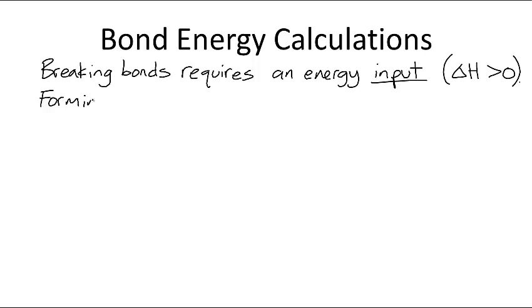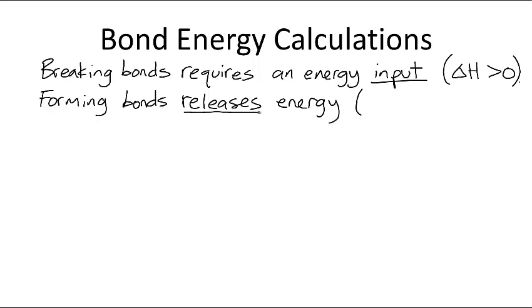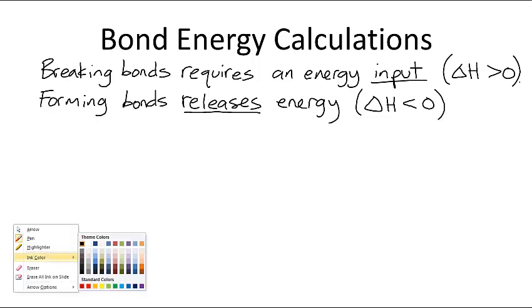Forming bonds releases energy. So when you form a bond, delta H is negative. So we have these numbers called bond energies. Remember, our bond energy is the amount of energy required to break a bond.